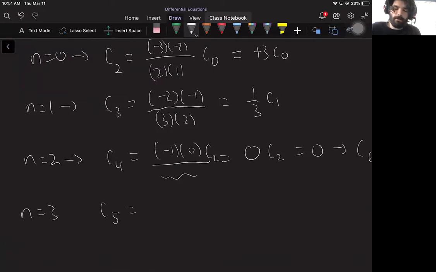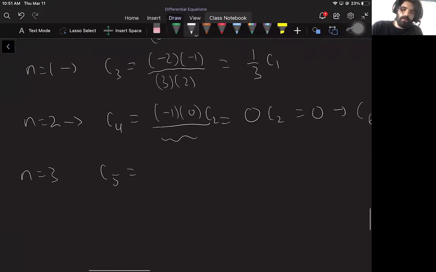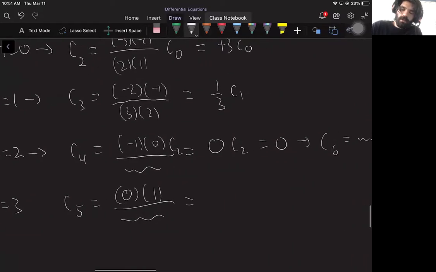Same thing will happen with the odd ones. C5 is equal to plugging in 3, 0 times 3 minus 2, which is 1. It doesn't matter what the bottom is now because the top is already 0. So 0 times C3 is 0.